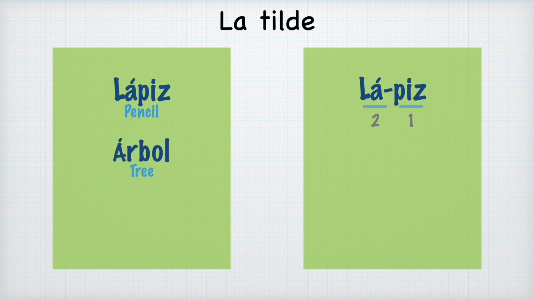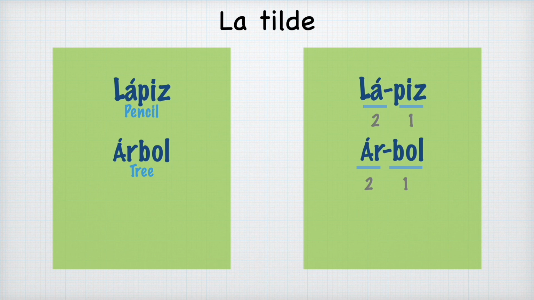The second example is árbol. It means tree. And again, we have 2 syllables. And we see the accent on the first one as listed on the screen. So that's the one that's going to have the stress. Árbol. Otherwise, it would have been arból.